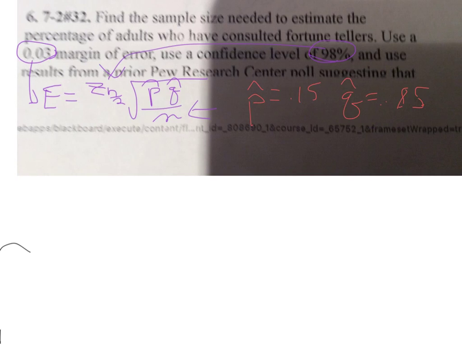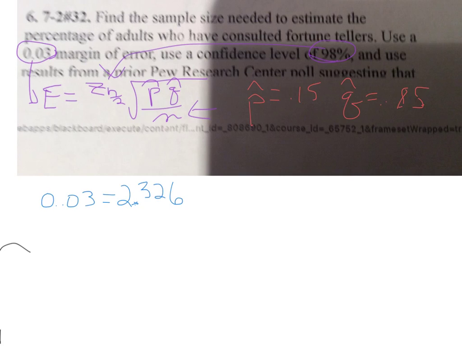And so that means that we could fill in our formula with all of our numbers. And if you look up the z-score for the 0.01, it's going to give you 2.326. And you just get that from the chart.